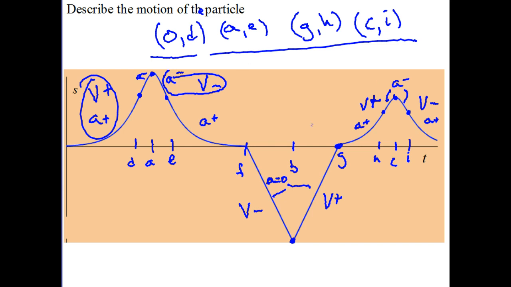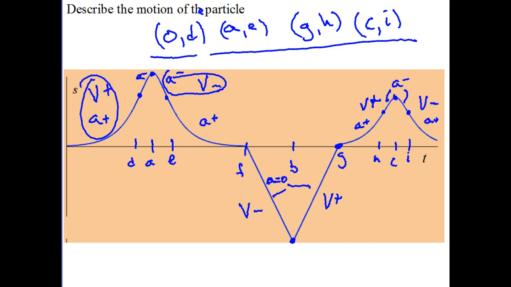All right, now I know there's a lot of information going on here, looking at both the first derivative and second derivative. But remember, the slope of a graph tells us the first derivative. So when we have a position graph, the slope of that graph tells us about the velocity. The concavity of that graph tells us about the acceleration.